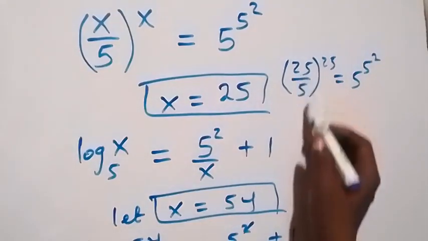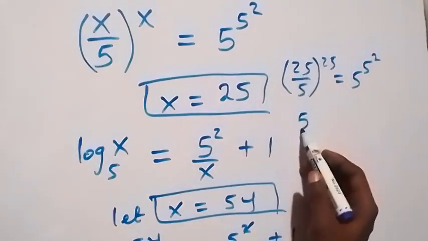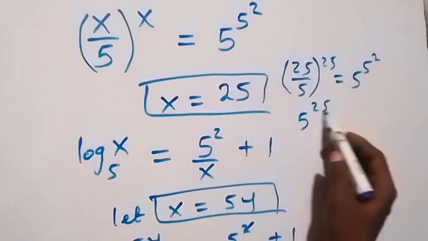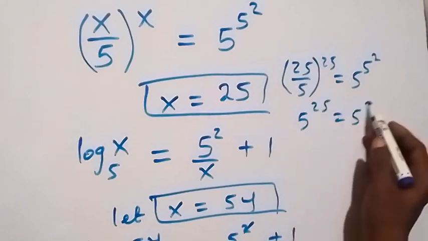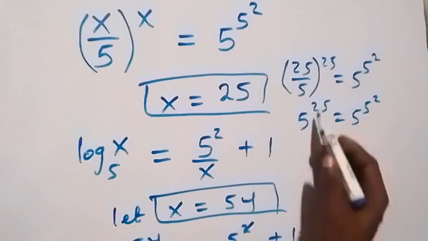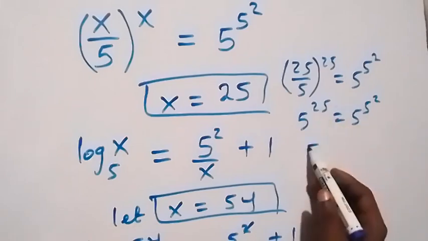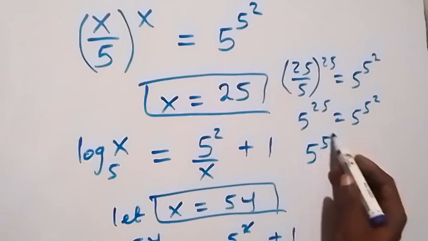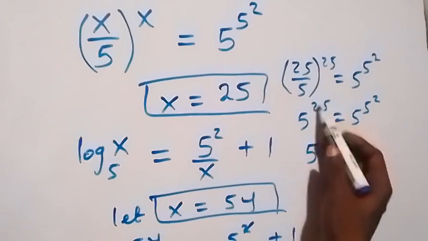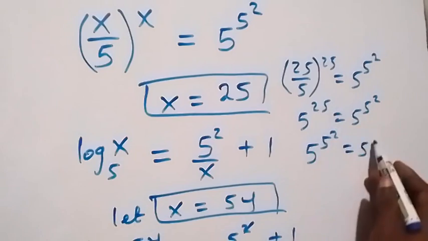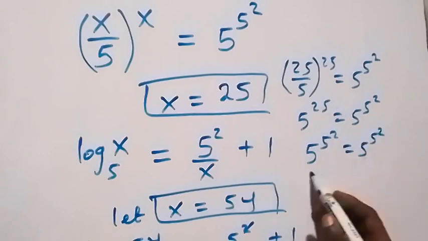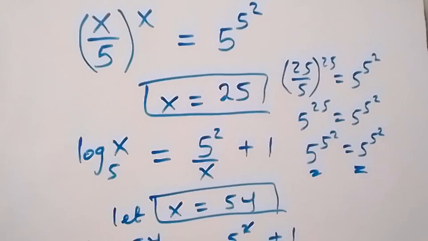Here, 25 over 5 is 5, that's 5^25, equals 5^(5^2). Of course, 25 is 5 square, so we can say 5 raised to power 5 square, because 5 square is 25, equals 5 raised to power 5 square. So the left hand side equals the right hand side, and hence x equals 25 satisfies this given problem.